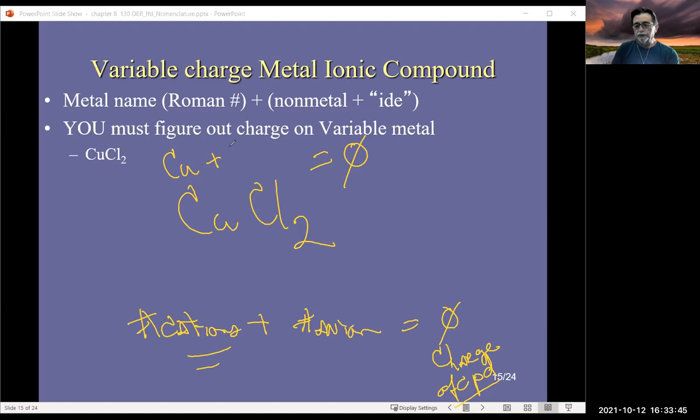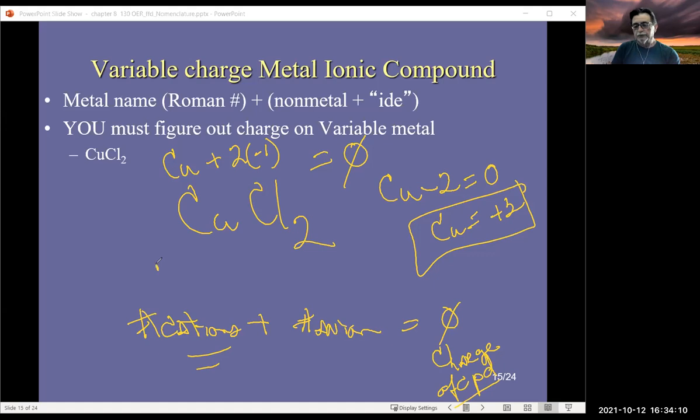Now we know that we got 2 chlorides, and each chloride is a -1. And so our equation is copper plus 2 times -1 equals 0, or copper minus 2 equals 0. Copper must equal a plus 2, in this format. Therefore, the name for this compound is copper, Roman numeral 2.